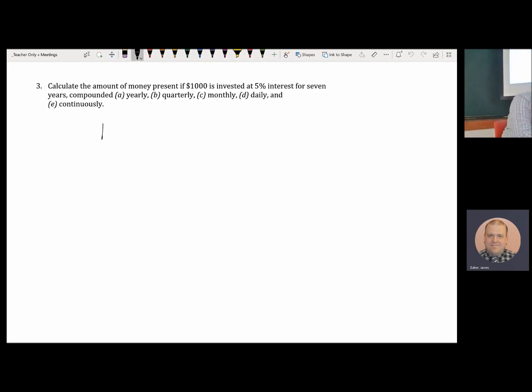There's a formula, and it is derived in the video, so I'm not going to rederive it here. P naught is the principal, the initial investment. R is the interest rate, written as a decimal. N is the number of compounds per year, and T is the number of years it is being invested.